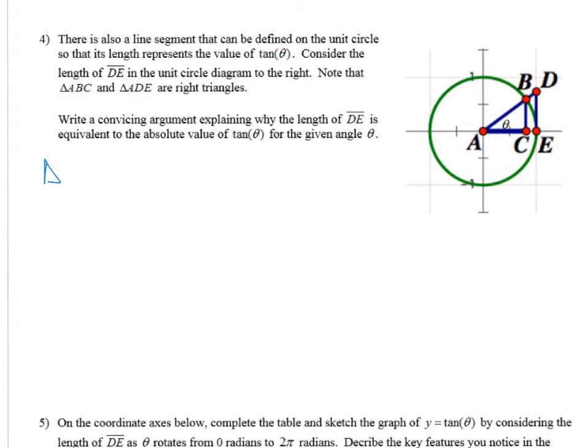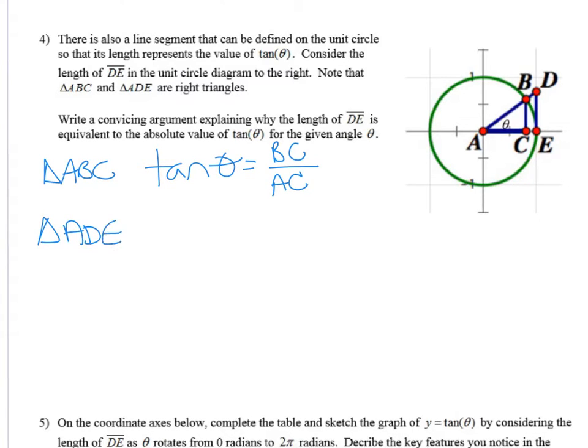So let's talk about triangle ABC. If we have tangent of theta for that triangle, the opposite side is BC and the adjacent side is AC. So then if we talk about triangle ADE, tangent of theta, the opposite side is DE and the adjacent side is AE.